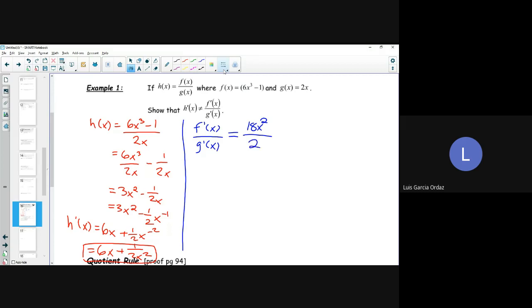So now we can simplify. This becomes a 9, so f prime of x over g prime of x is equal to 9x squared, which means that the derivative of h of x does not equal f prime of x over g prime of x. And this is where we get started on talking about the quotient rule and how we can use a specific rule to find the derivative of the quotient, which is where two functions are on top of each other as a fraction.